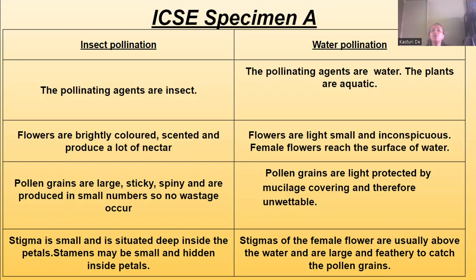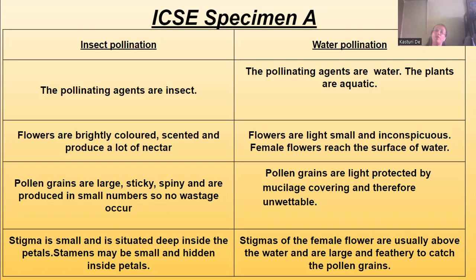Then in case of insect pollination, the stigma is small and is situated deep inside the petals. That is why when the insect goes to take the nectar, it will pollinate the flower. Okay, the stamens may be small and hidden inside the petals.